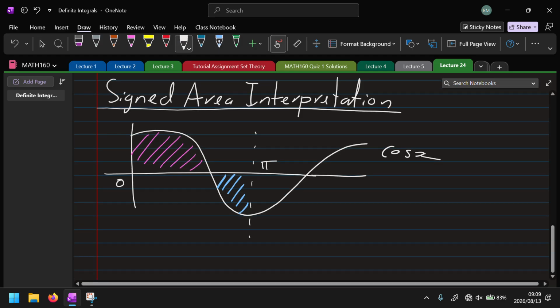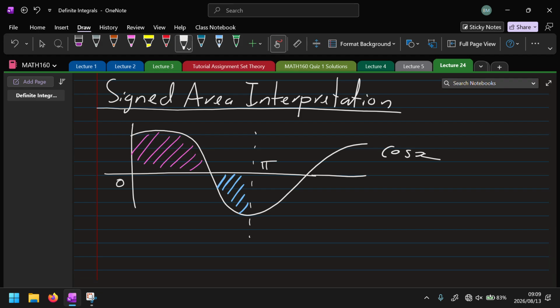So we define it as that pink part has positive area because the function's positive. Right, positive area if the function's positive. And that blue part, we say that's a negative area. It's under the x-axis because the function's negative.